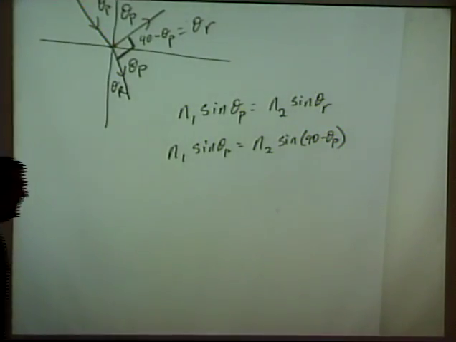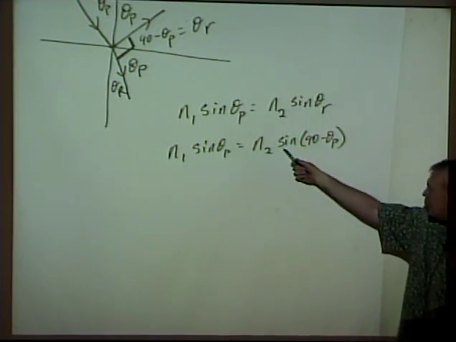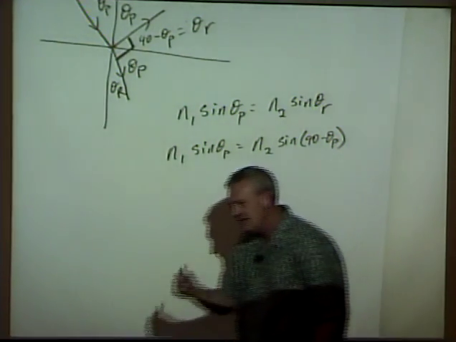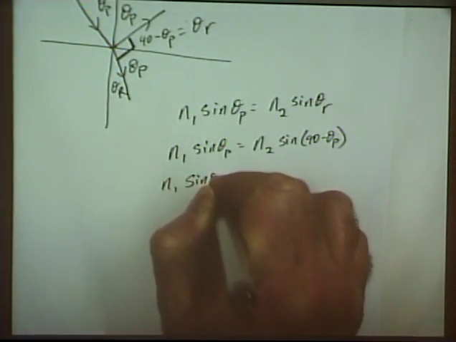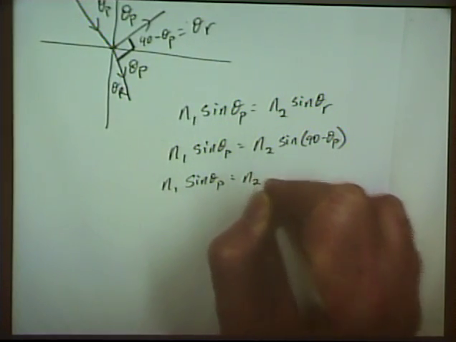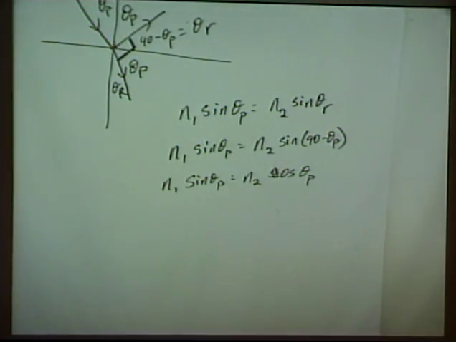What's the sine of 90 minus an angle? What's the trig identity? The cosine of 30 is equal to the sine of 60, right? So this would just be the cosine of theta p. We're getting somewhere now. Trust me. So N1 sine of theta p equals N2 cosine of theta p.